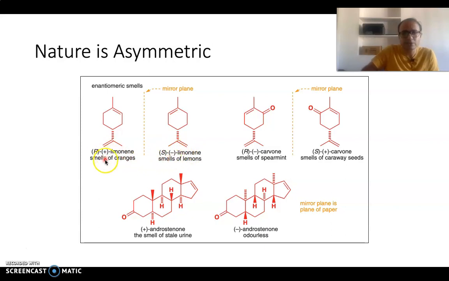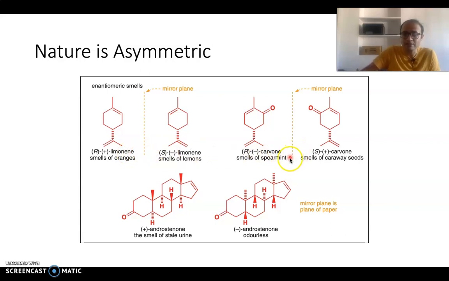The plus enantiomer of limonene gives the smell that you observe in oranges. However, the minus limonene gives the smell of lemons. So just one change in the asymmetric center leads to a drastic change in the property that you come across in your natural products.